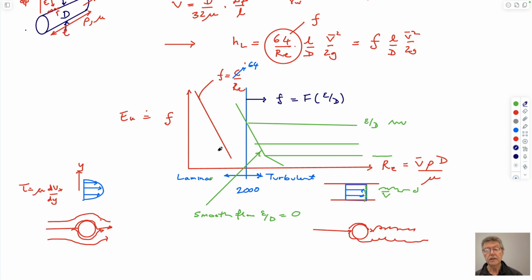These are horizontal, so it's a constant value of friction factor in here. And in the laminar regime, the friction factor is a function of Reynolds number, and it changes as a function of the Reynolds number.